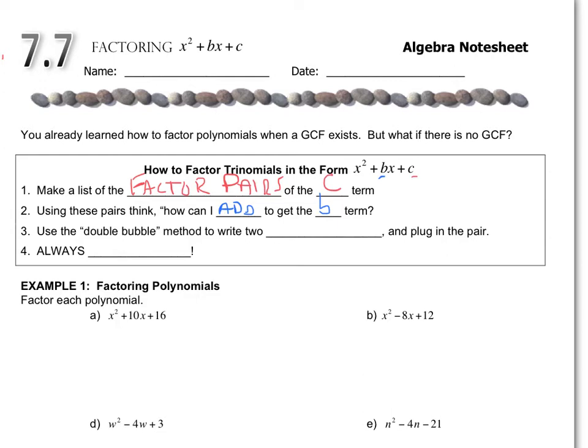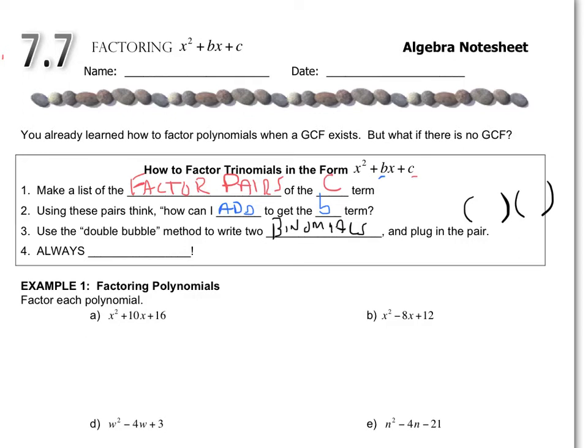Step 3 says use the double bubble method. If we consider one set of parentheses a bubble, that would be 2 of them, or the double bubble. We're going to use that method to write 2 binomials and plug the pair in.